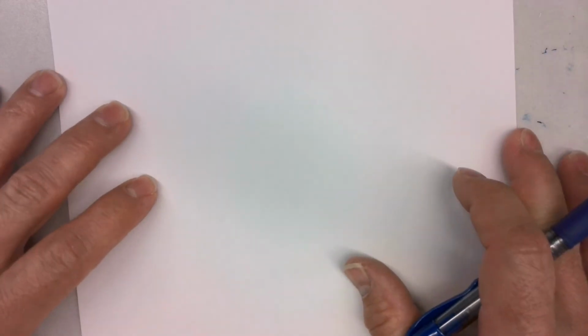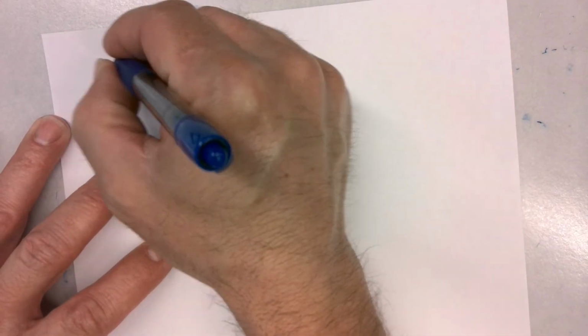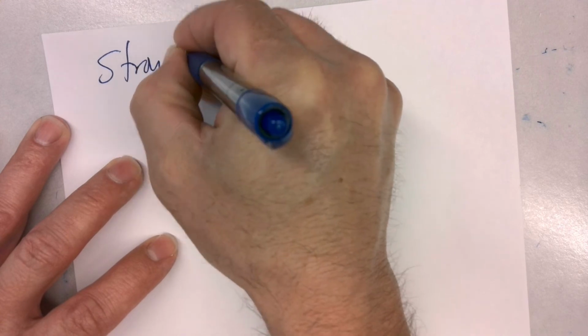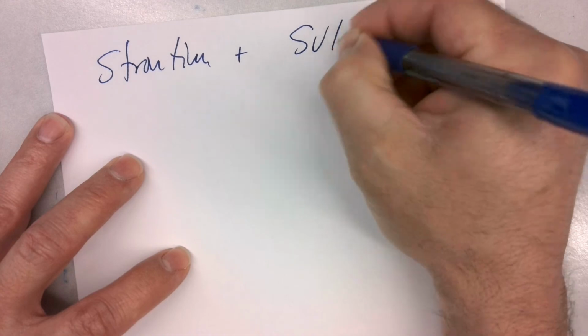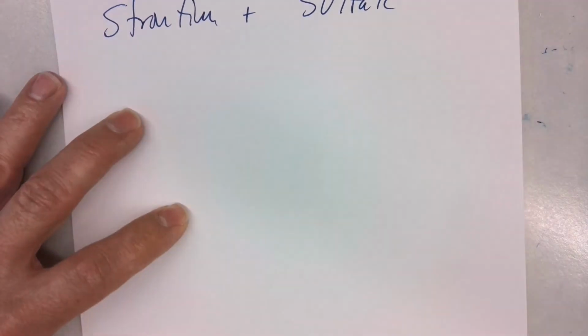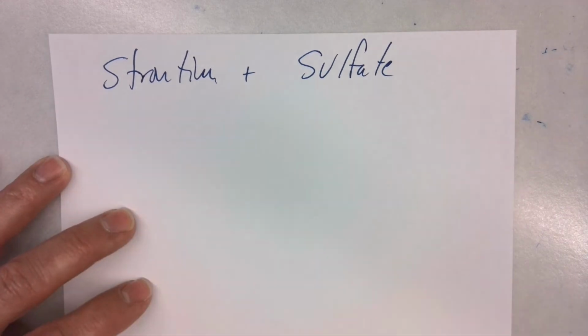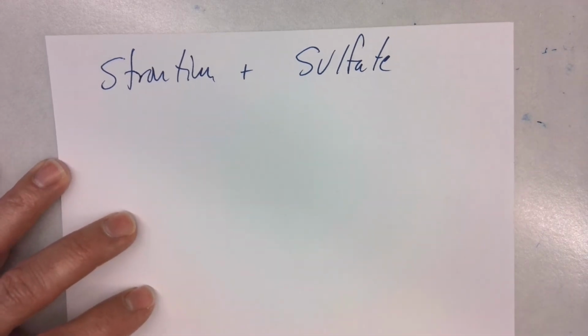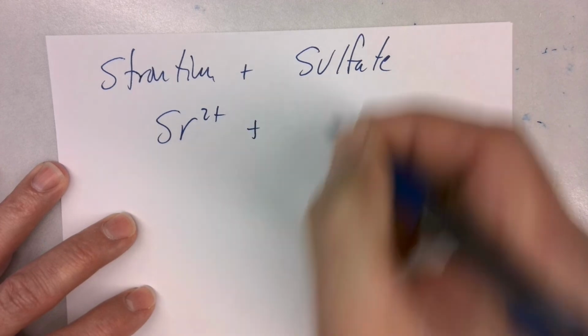Now, let's say I wanted to put strontium and sulfate together. What's strontium going to be? Two positive. So I got Sr 2 positive. What's sulfate going to be?